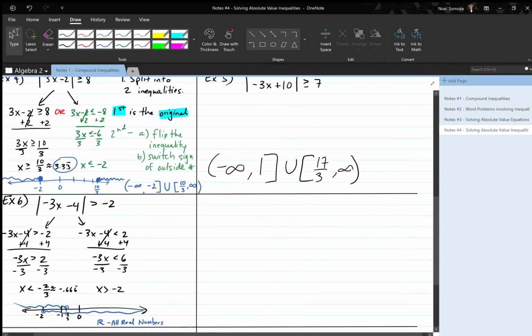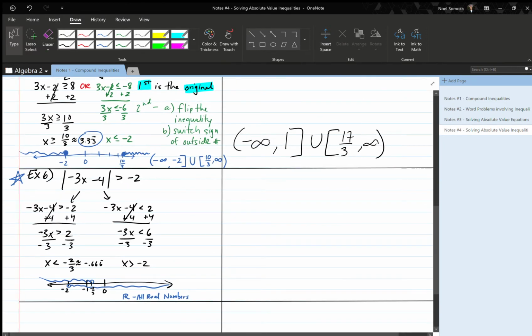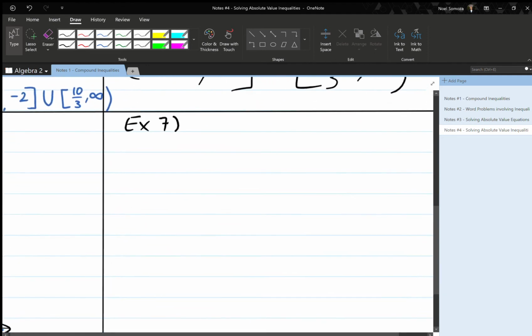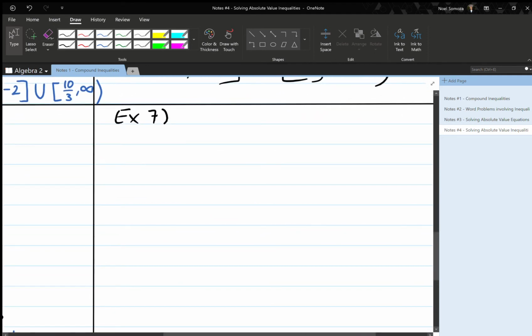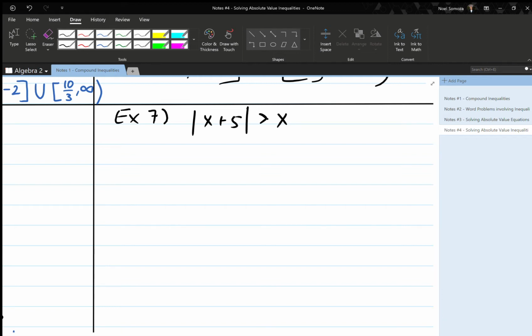Let's try another special case here. What if we get an absolute value greater than some expression? Not a number, right? An expression.